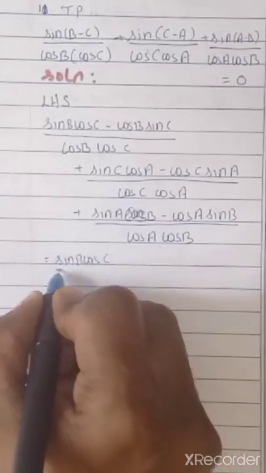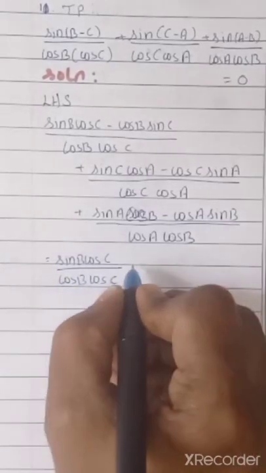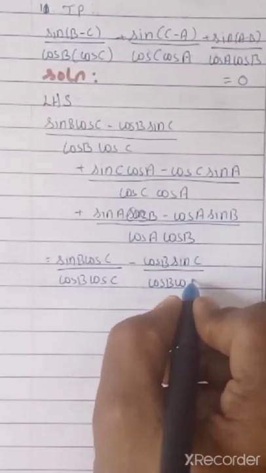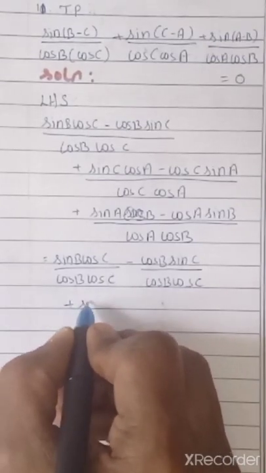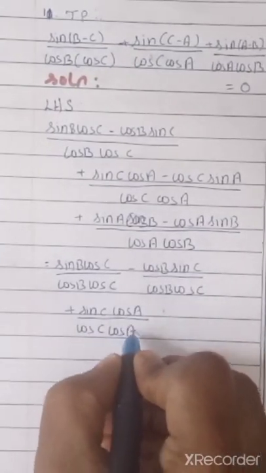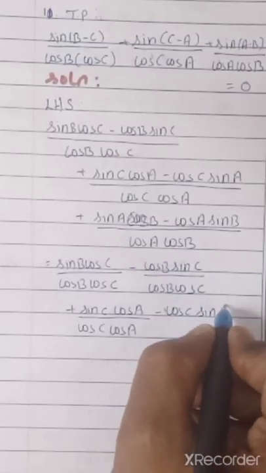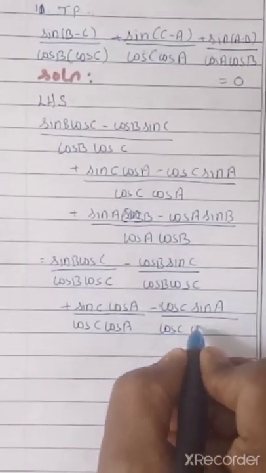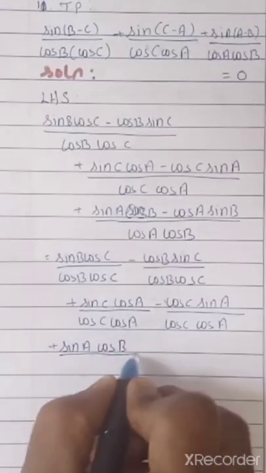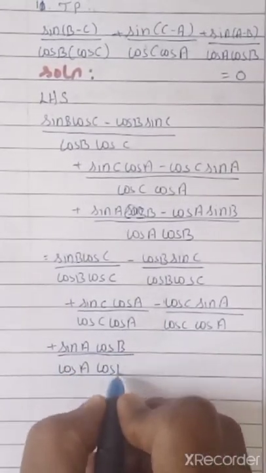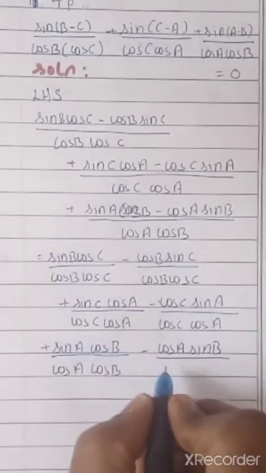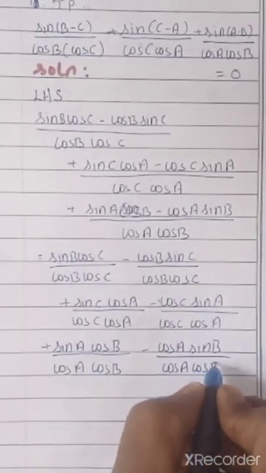Sin B cos C by cos B cos C minus cos B sin C by cos B cos C. Similarly, the next one, sin C cos A by cos C cos A minus cos C sin A by cos C cos A. Next term, sin A cos B by cos A cos B minus cos A sin B by cos A cos B.